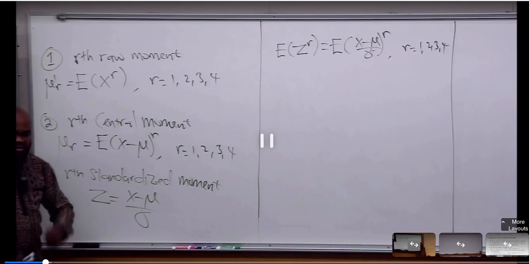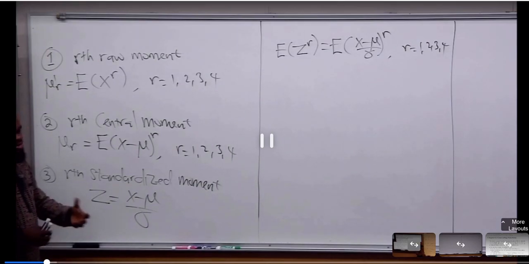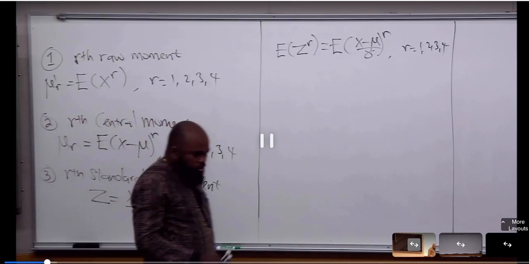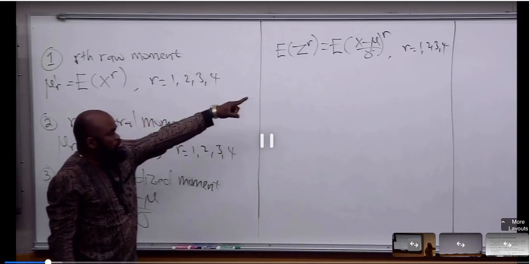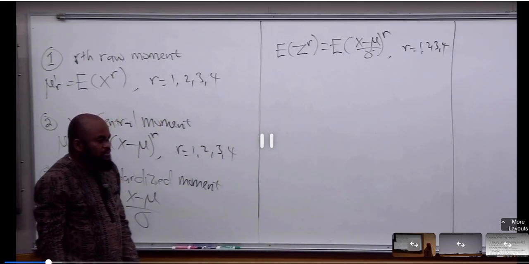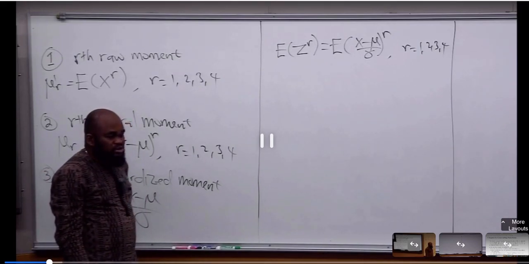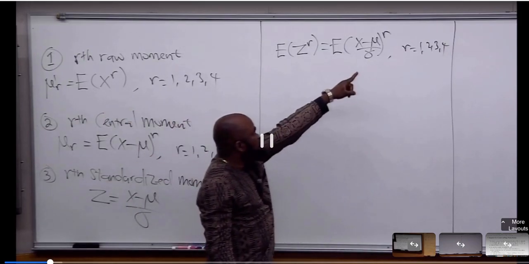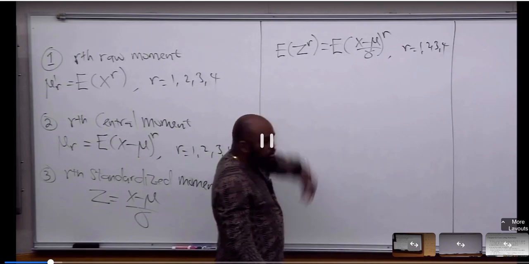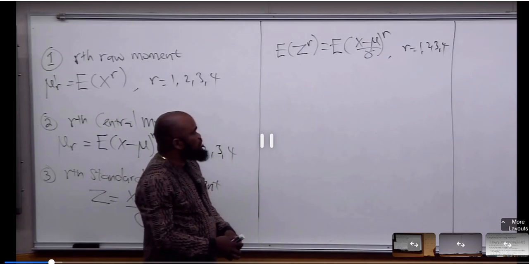When we start continuous probability distributions next week, we're going to talk about the standard normal distribution, and when r equals 1, the expected value of a standard normal random variable is going to be 0. When r equals 2, you're going to get 1, so the expected value of Z squared is equal to 1.